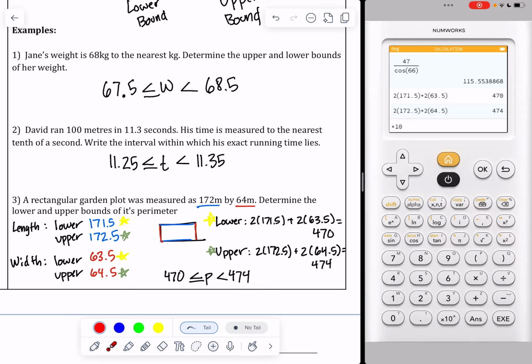One note is that it is really important that we find the possible upper and lower bounds for the dimensions before we do the calculations.